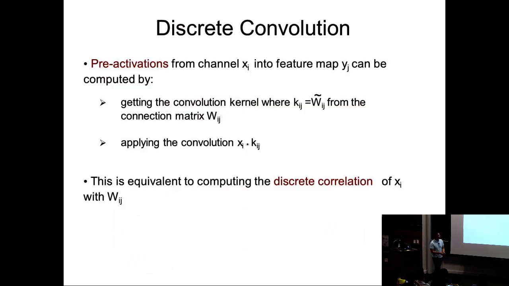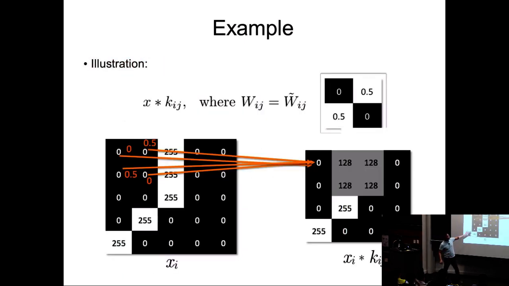Now this forms this particular convolution. So here's an example: I give you an image, 0 to 225, and I take my W, which is the W transpose in this case, and I just convolve this matrix with this matrix. I convolve it, and this is the output of the convolution.